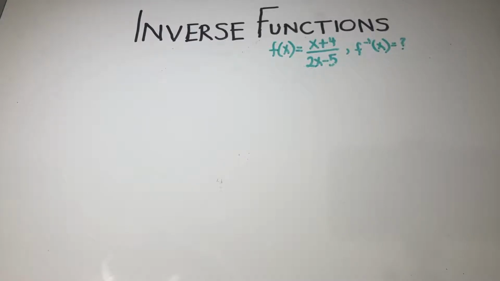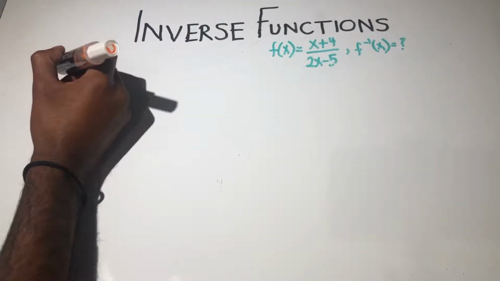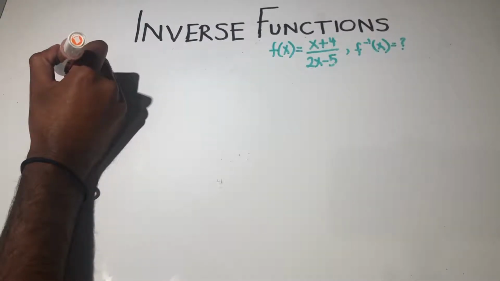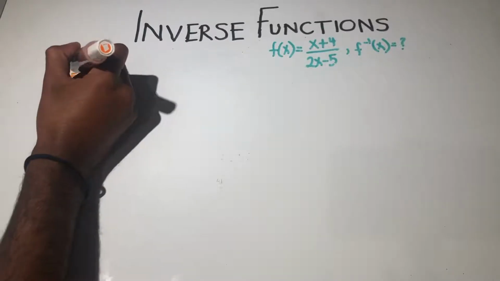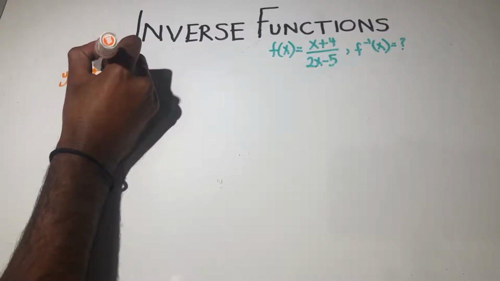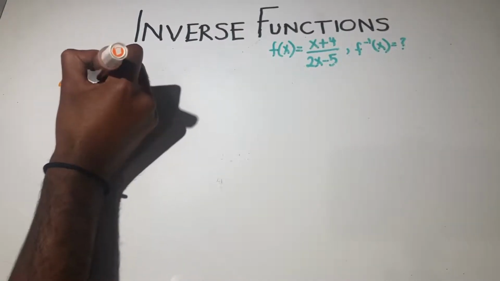So we have f of x is equal to x plus 4 over 2x minus 5. Hopefully you can see this. So replacing f of x with y, we're going to get y is equal to x plus 4 over 2x minus 5.